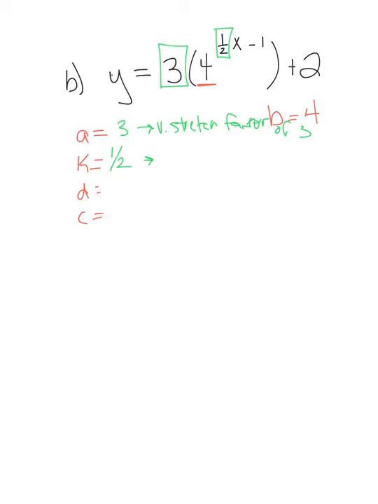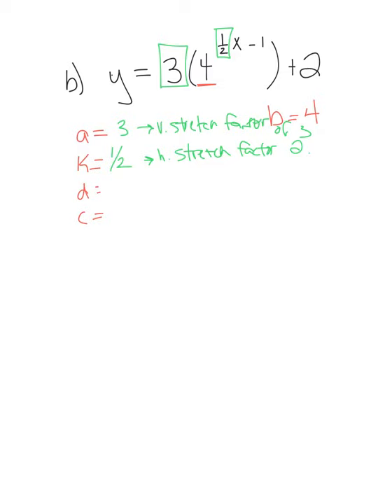Now typically a 1/2 would mean a compression, but we know that when we're dealing with K's, it's backwards. So this is actually a horizontal stretch by a factor of 1 over K, so 1 over 1/2, which is 2. Now again, all of these transformations are the same as the last chapter, so we are going through these pretty quickly because none of this is new.